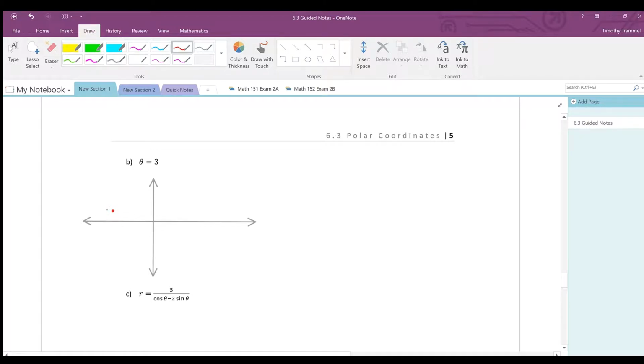Okay. But the question is if this here is along theta equals 3, what happens if we let the radius vary? Okay. Well, we might get, I'm going to actually try and put one in between here.